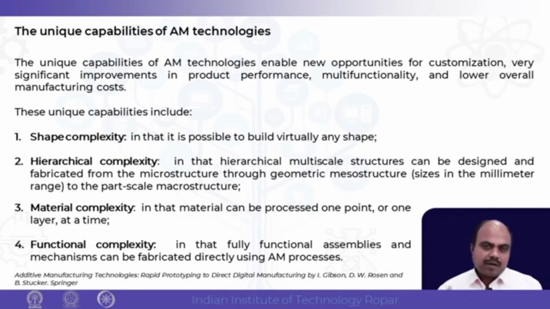Another is hierarchical complexity. Previously we used to have the same kind of material in general, but now with hierarchical complexity there are multi-scale structures which can be designed from the microstructure through the geometric mesostructure, and then scale up is also possible.